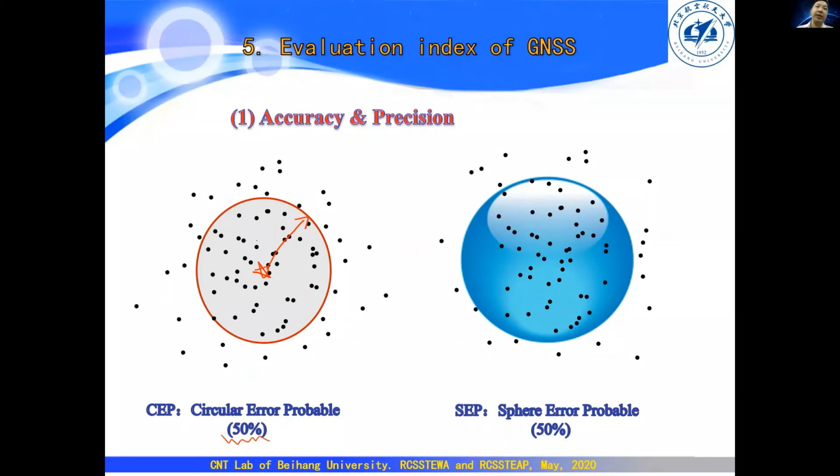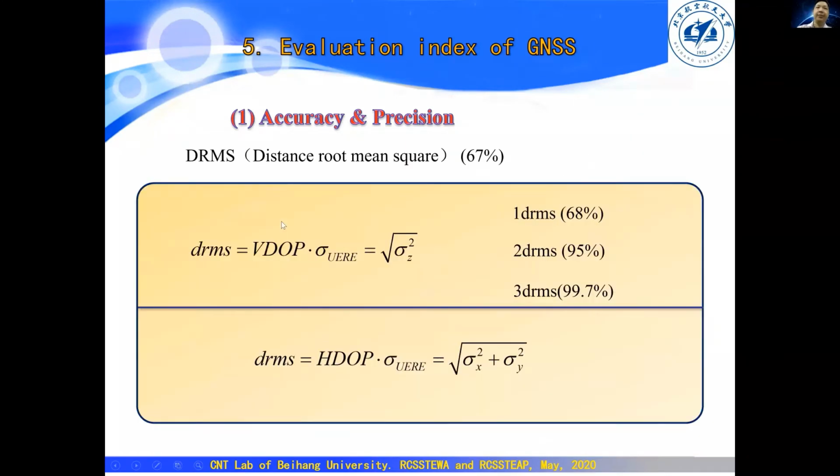How much this error is, we call circular error probability. Also, we can use DRMS, corresponding to 68% sigma standard deviations, 2 DRMS, 3 DRMS as the results.